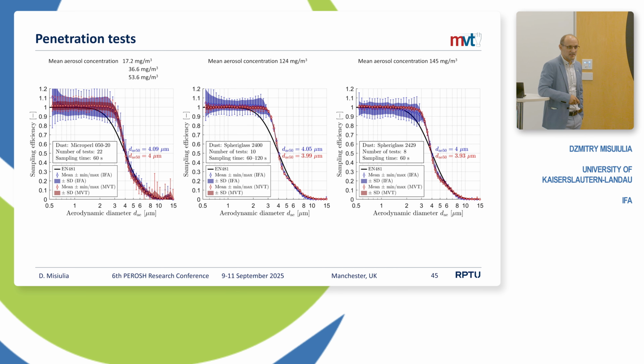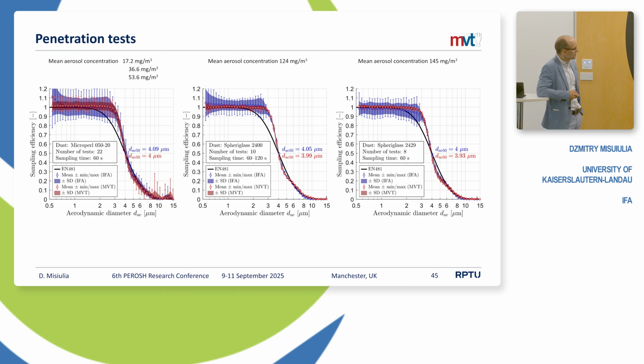The penetration curves were calculated based on the measurements of these 2 sampling devices, one from IFA and one from FOT. Here you can see the penetration curves measured with 3 different test dusts: Micropel, spherical glass beads, and 2 Blatini glass beads, 2400 and 2429. The measurements were performed at mean aerosol concentrations up to 145 milligrams per cubic meter.